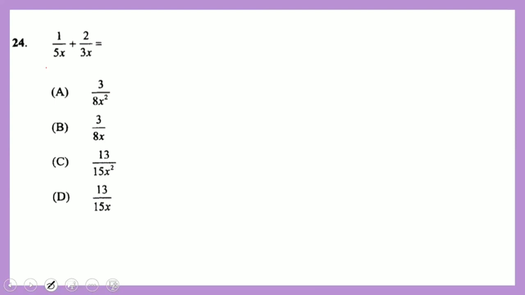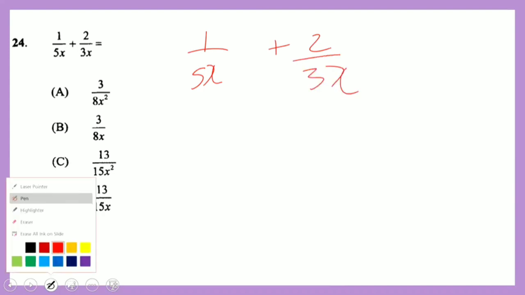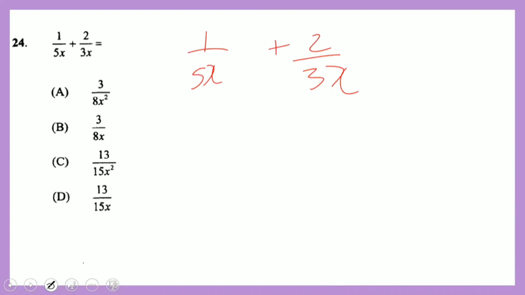Number 24, we have these two fractions to add, and we should present them as a single fraction. So we want to ensure that we make the denominators the same, so we can go ahead and add our numerators. Please do not think that any answer like 8x or 8x squared as a denominator is going to fit for these two.